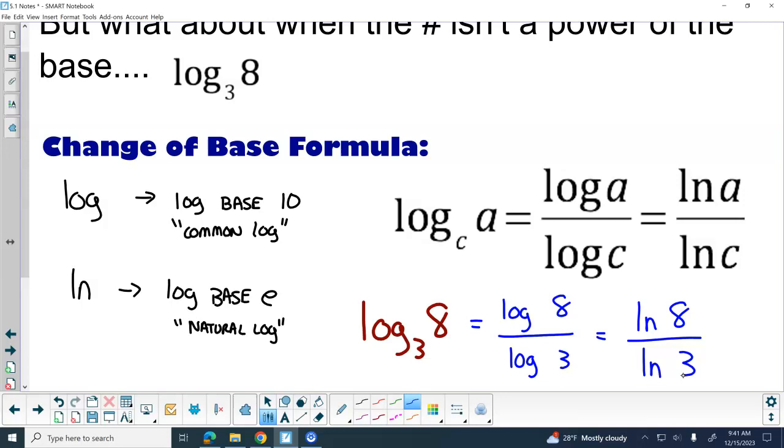Now thinking about it, 3 to the first power is 3, 3 to the second power is 9, so the number that we should get should be smaller than 2, but closer to 2 than to 1. What do we get? 1.928? 1.892. So close.